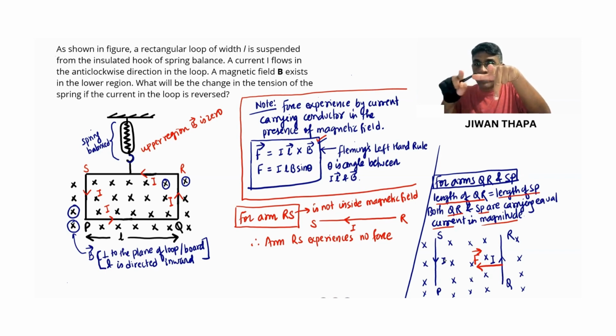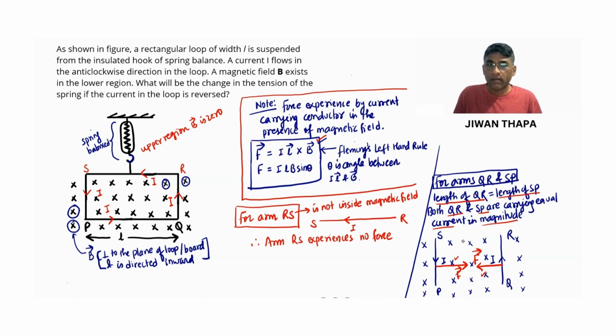So force experienced by SP is along this direction. Clear? So arm SP will experience force towards RQ or QR. So we find forces acting along this direction and along this direction.